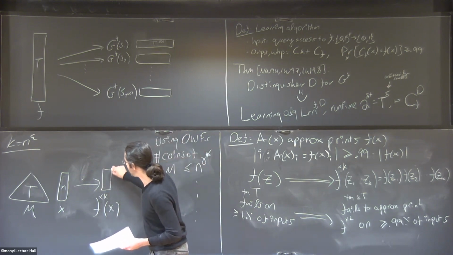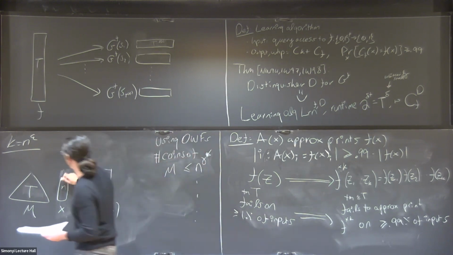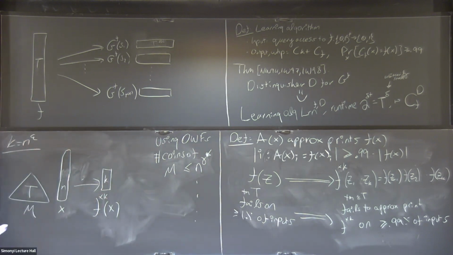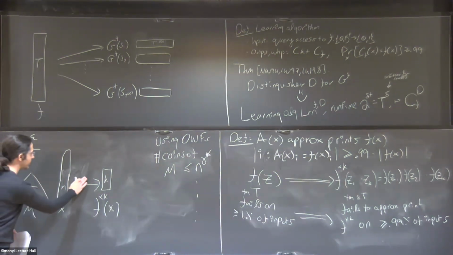Here we get a string of length k. This is n to the epsilon, this is small. Compute the k-wise direct product for k that is n to the epsilon. But it's okay because we want to produce a small number of coins. Good, we computed the k-wise direct product.